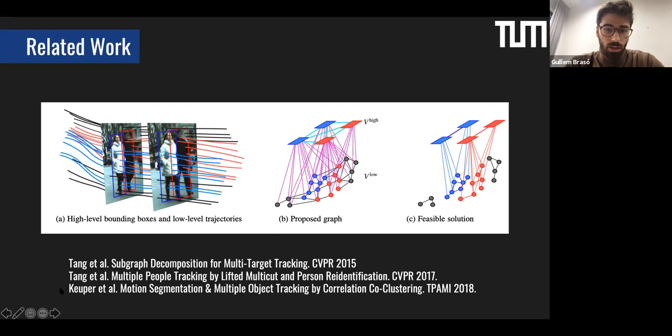And with these methods, if you think about it, you have to define a cost for every low-level feature, also from low-level feature to boxes, also among boxes. And this all was done in a handcrafted manner. So essentially, they have to somehow define, okay, time distance has this relevance in the overall weight, spatial distance has this relevance.